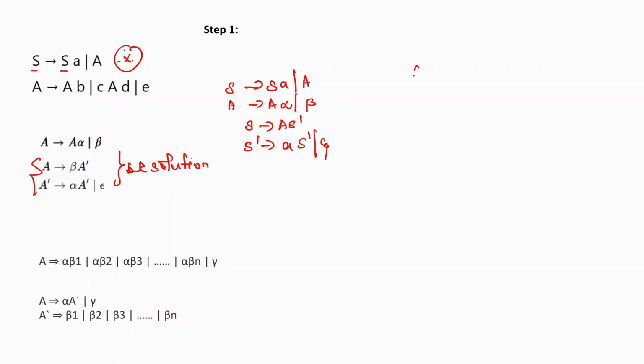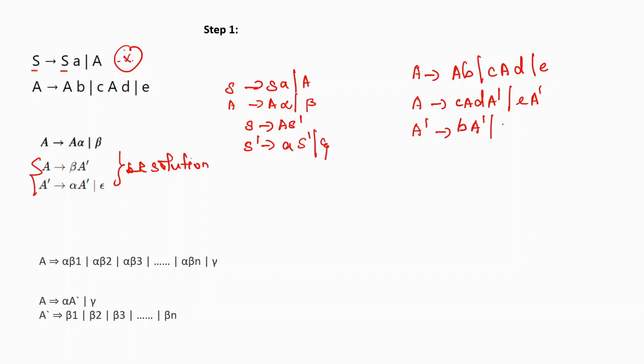Similarly, for the next production, A tends to A B C, A D E, we have to replace it with A tends to C A D A dash, E A dash. So A dash is nothing but B A dash or the empty string.